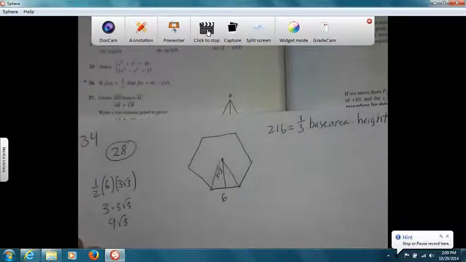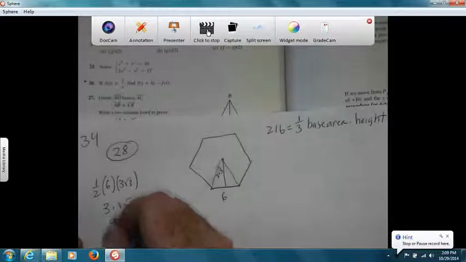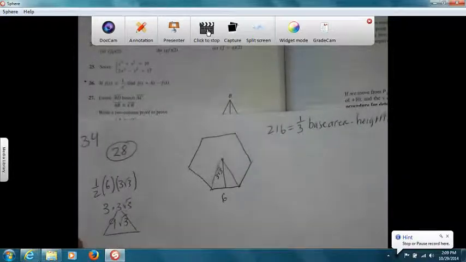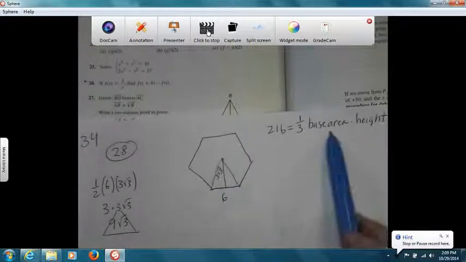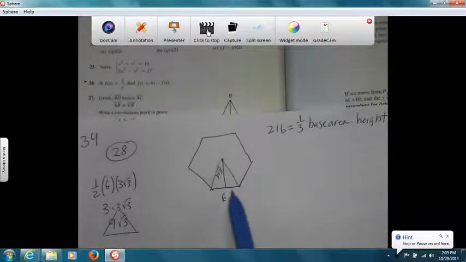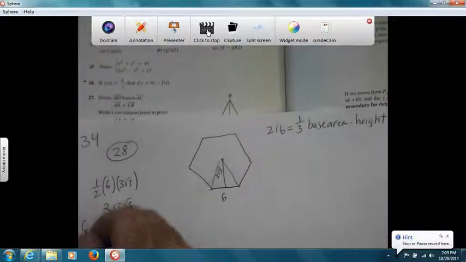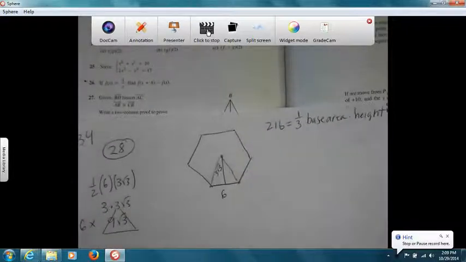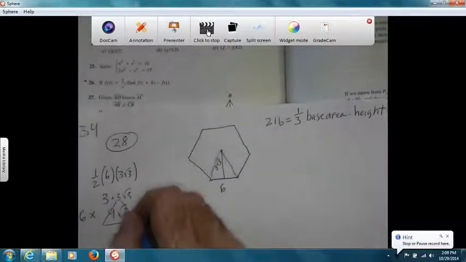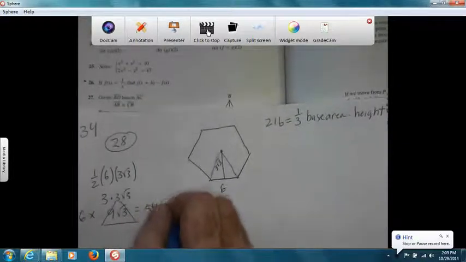That was one triangle. To get the whole base area, I need to multiply it by 6. 6 times 9 is 54, so I got 54 root 3.